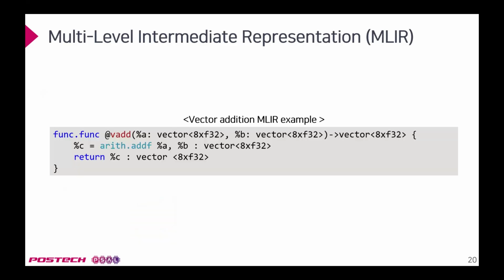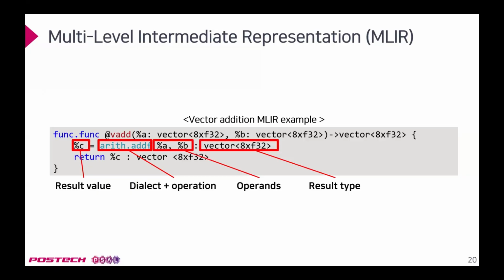And here's a quick example of what MLIR looks like. And this is a simple vector addition. Let's break it down. Arith addf is a floating point addition operation within the Arith dialect. And it takes two operands, vector A and vector B, then adds them together.